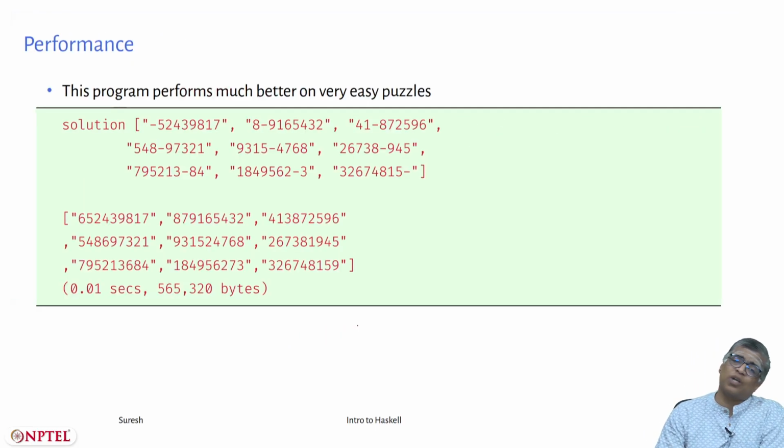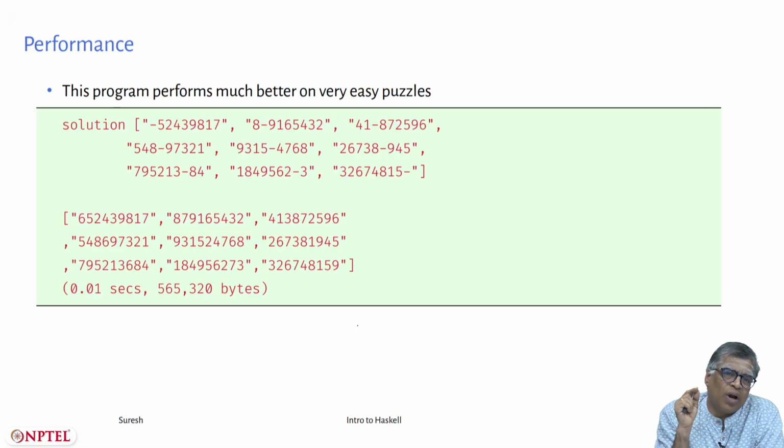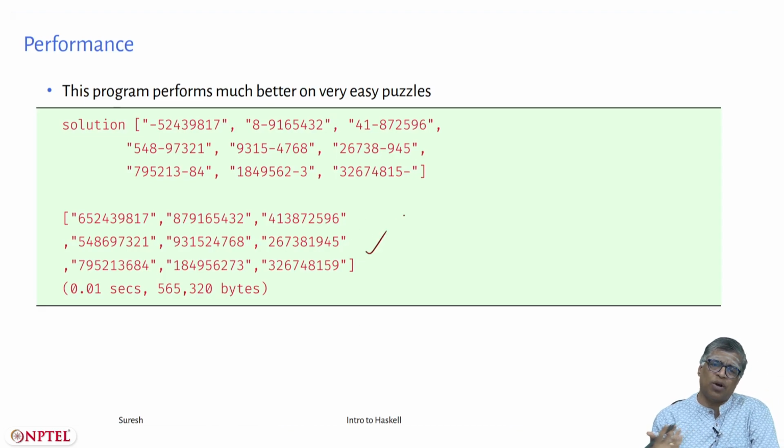Okay. So now if I try this solution on my puzzle where there is only one free entry in every row and every column, then what I actually get is the solution in 0.01 seconds. Okay, I'll demonstrate all this to you later.